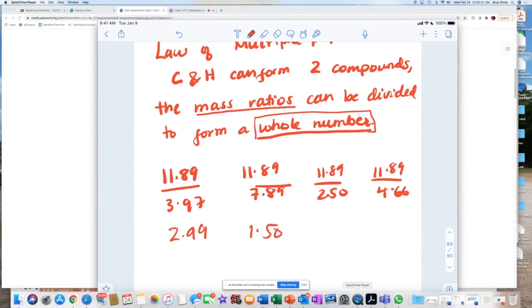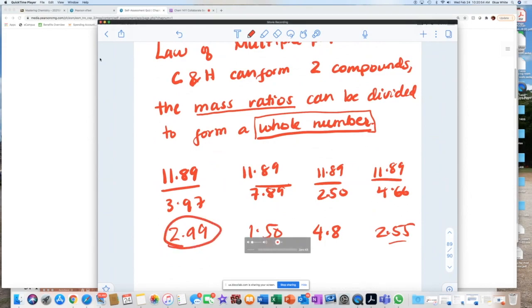Definitely not very close to a whole number. 11.89 divided by 2.5, 4.8. Not close to a whole number. 11.89 divided by 4.66, 2.55. Whoo! That was doable. So the number that I get that's closest to a whole number will be this one. So I hope that works.